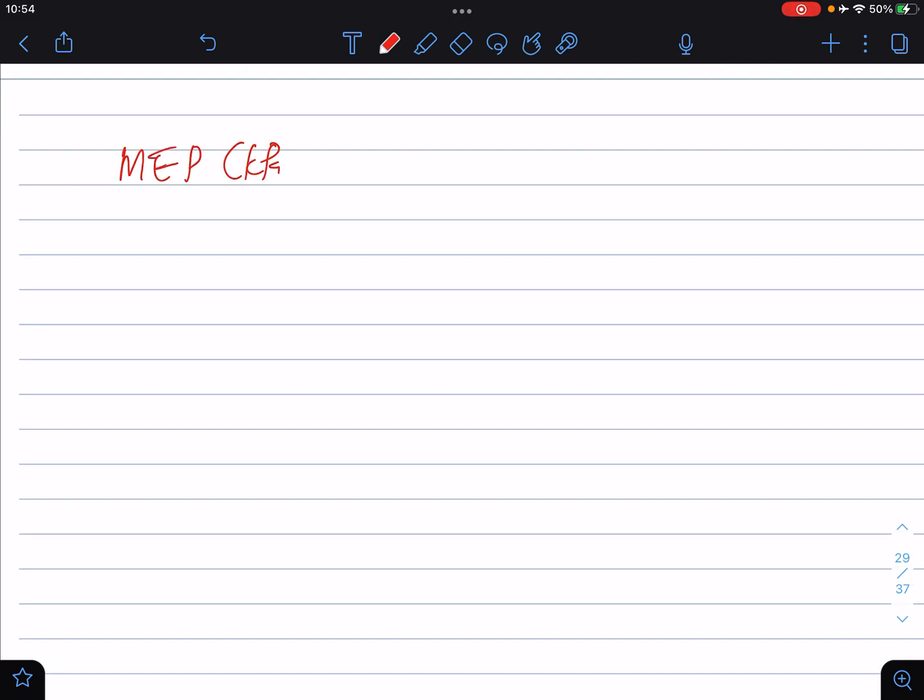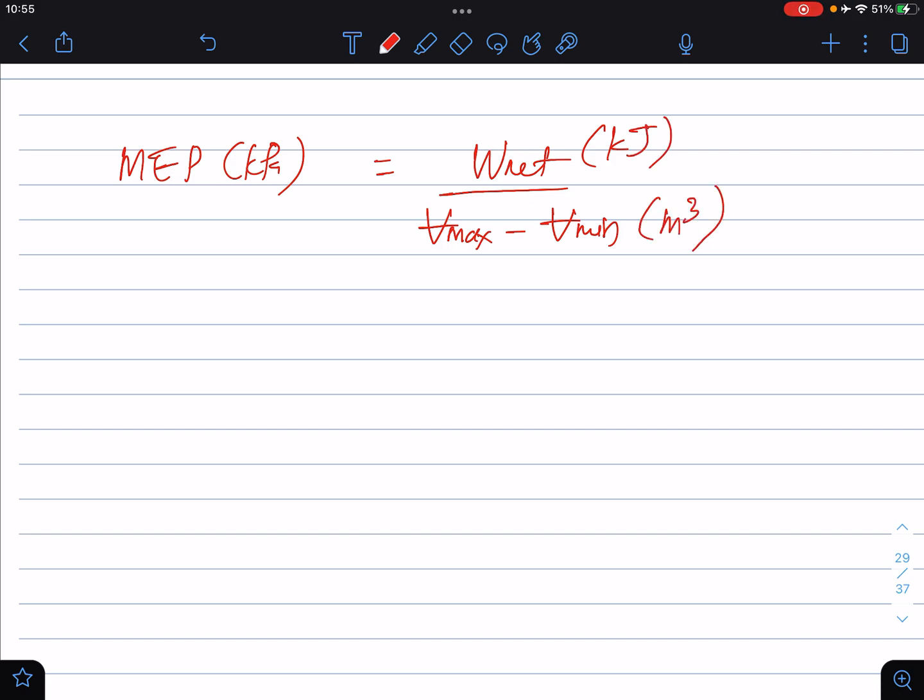The formula is given as MEP. Let's say you want it in kPa, you need to use the kJ value for work net. Work net divided by the maximum volume, V max, minus V minimum. Make sure the unit here is kilojoule and this one is in meter cube.